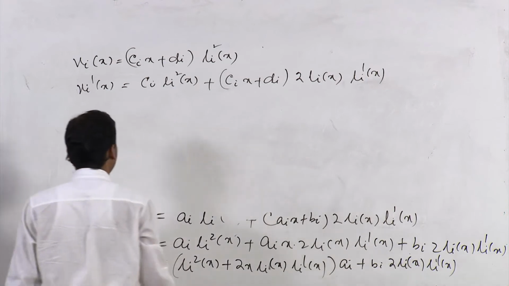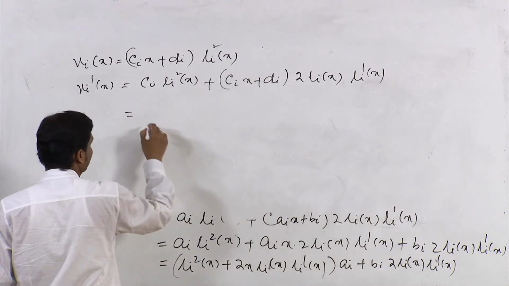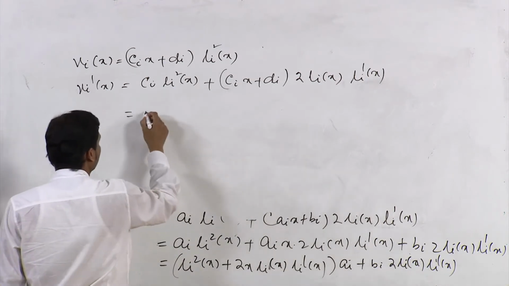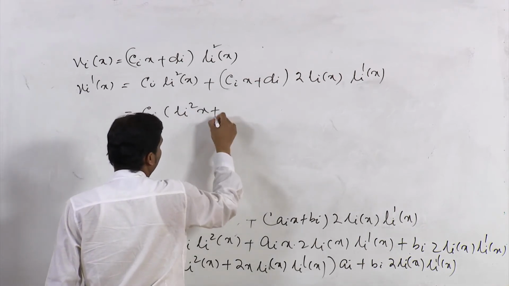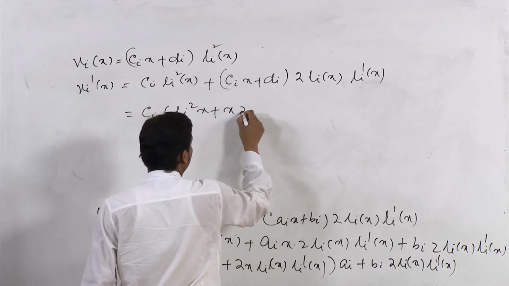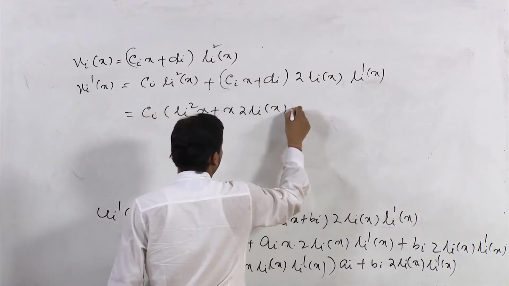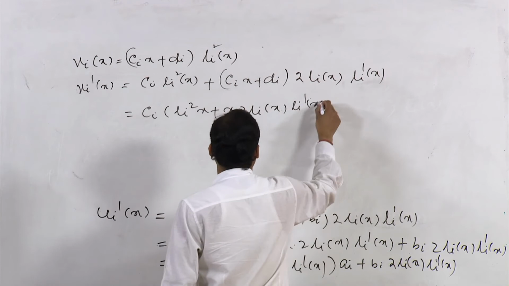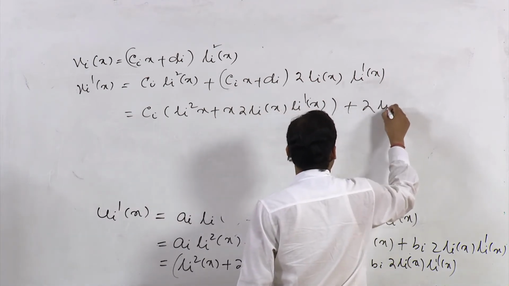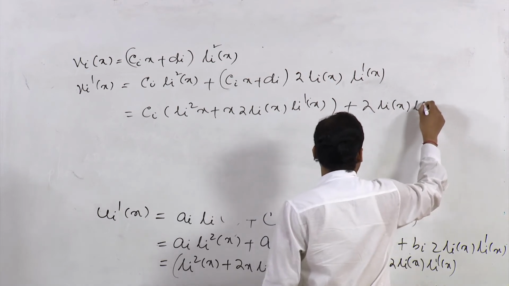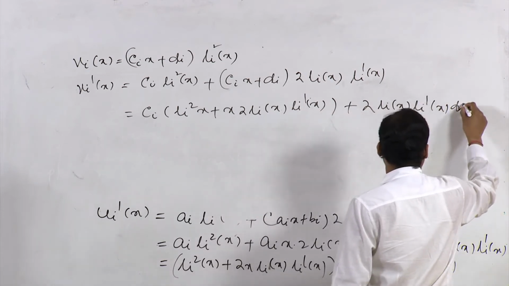And if you take common of ci from both these terms, so ci into (li square of x plus x into 2 li of x, li dash of x) plus 2 li of x, li dash of x into di.